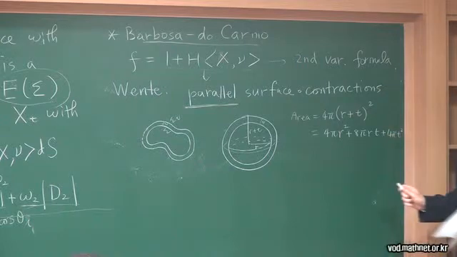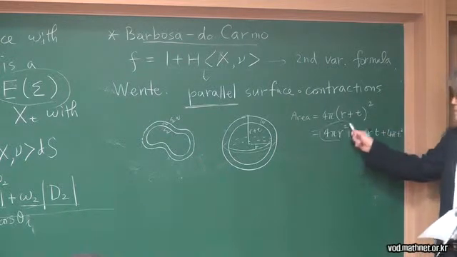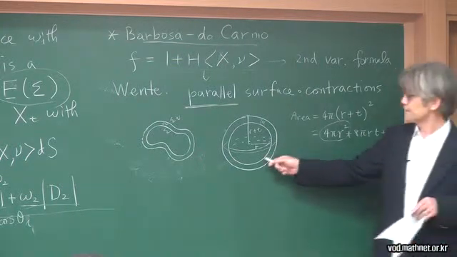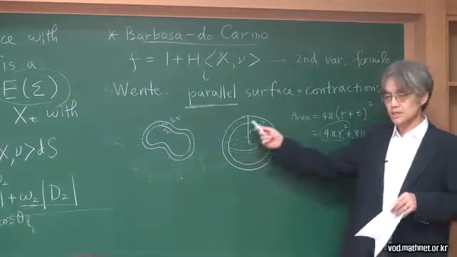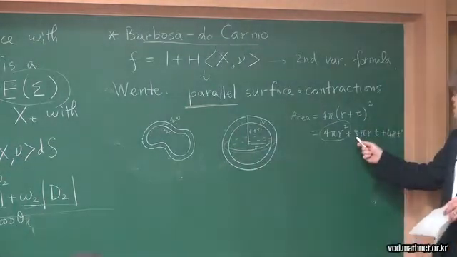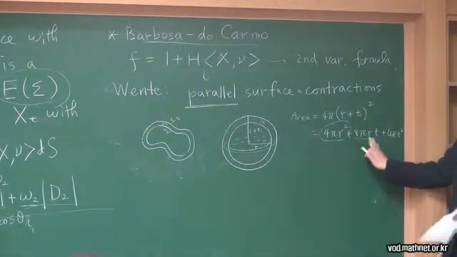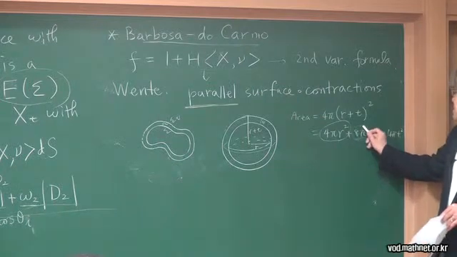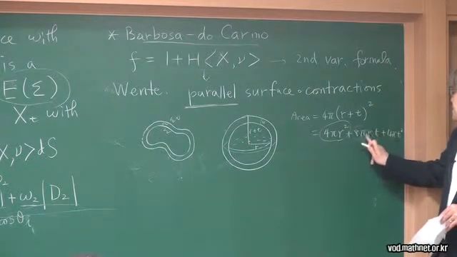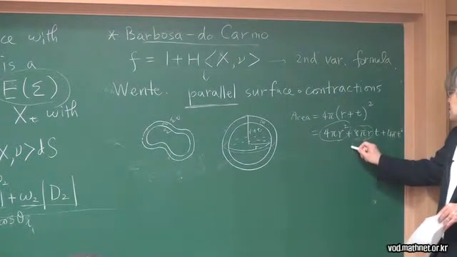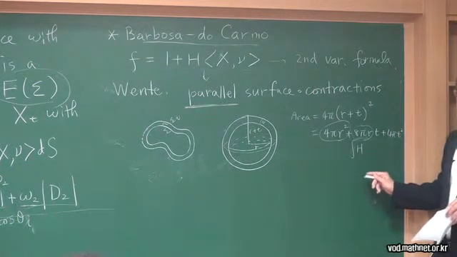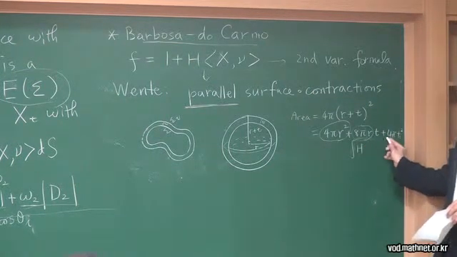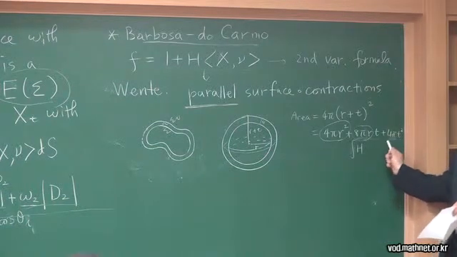And the first term is the area of the initial inside sphere. And what is this? Actually, this comes from the total first mean curvature. And this second coefficient comes from the total Gaussian curvature.